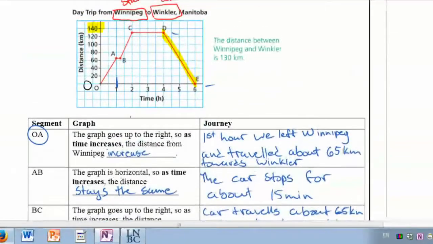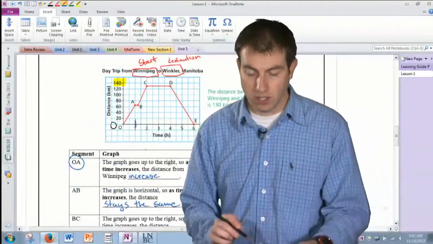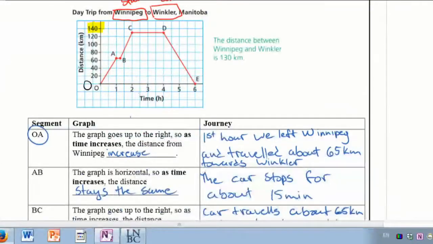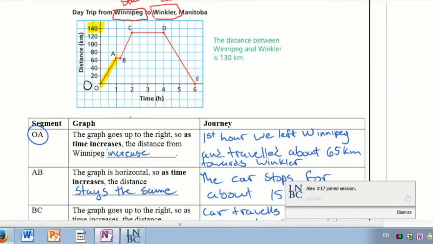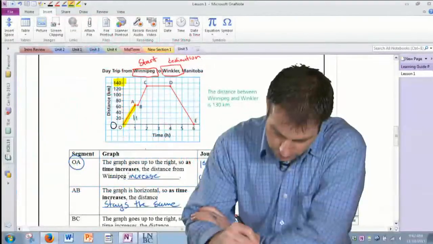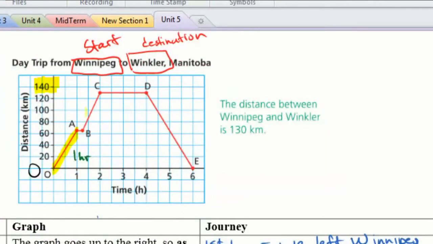All right, so total driving time means time that they're moving. So let's have a look here. Looks like they're moving here for about exactly an hour. So this little stretch in here is looking like an hour to me. And then we have another stretch in here. How long is that stretch?